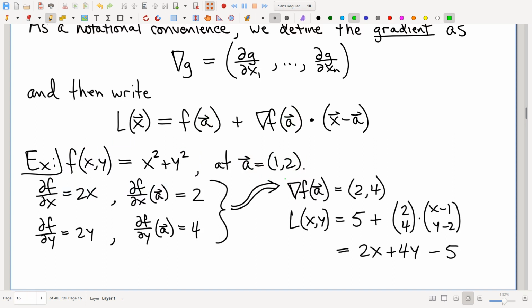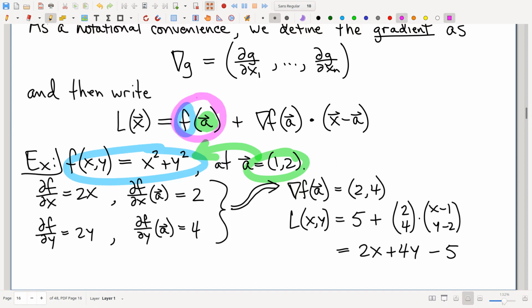I'm going to need to take the point A and plug it into my function f, and the value that I get when I plug that point into that function is 5. Plug and chug. Nothing happened there.